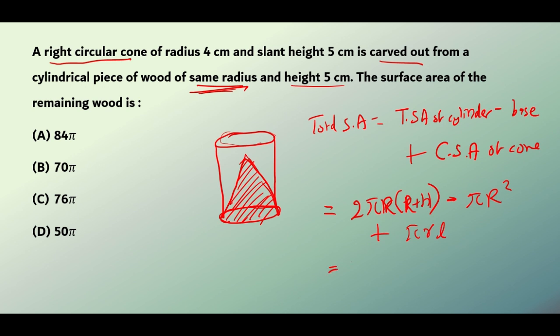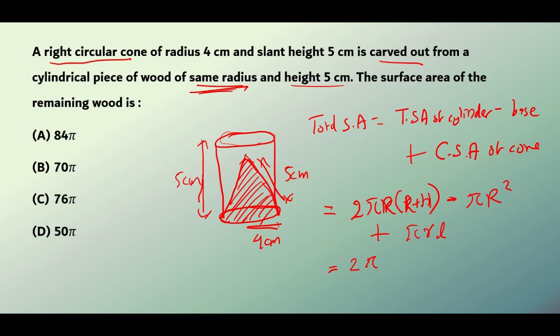Now if we replace the values, 2 times pi times R, that is the same radius, I forgot to mark the values on the diagram, this would be 4 centimeter. The height which is given in the question is 5 centimeter. And this slant height over here is also 5 centimeter.